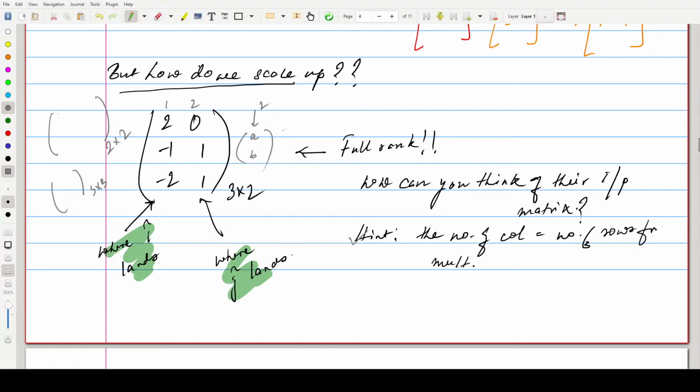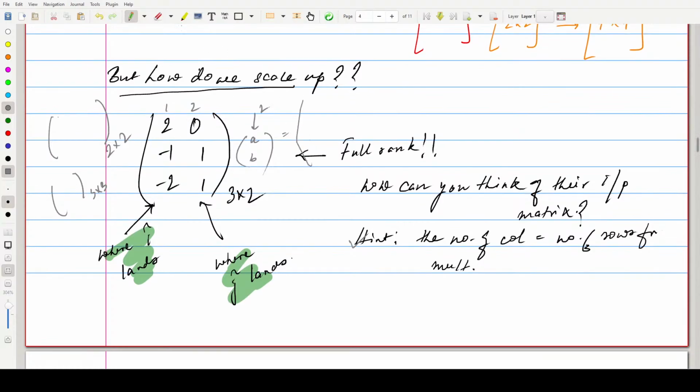Because if we do this multiplication, hopefully under pressure everything works out. We're going to have something of the order 2A plus 0B, and that means minus 1A plus B, and minus 2A plus B. So as we see, this is a three-dimensional vector, so that's taking a vector from two dimensions and making it a three-dimensional vector.